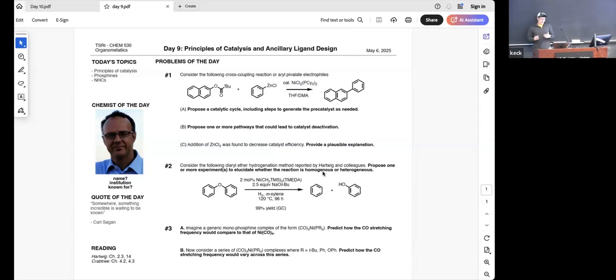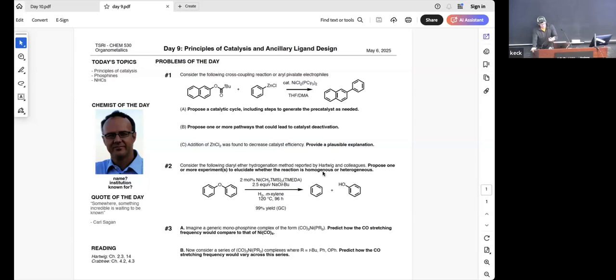If you said, what's going to prevent the catalyst, the nickel, from forming nickel black, from each nickel atom finding its friends and aggregating with them and precipitating out of solution? You'd say, I'm not really convinced anything is a strong ligand. We've got TMEDA, that's not a super strongly coordinating ligand for a late transition metal like nickel. Nothing else really stands out.